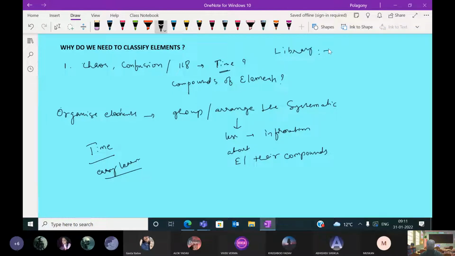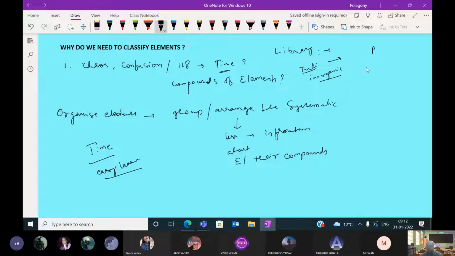If I ask one student to bring a chemistry book, Madan and Tuli's Inorganic Chemistry, from the library, there are so many books in that huge library. If the student knows where the chemistry books are kept, where the biology and physics books are kept, he will go directly to the chemistry part, and in that part to the inorganic section, and easily pick up that book and come back.